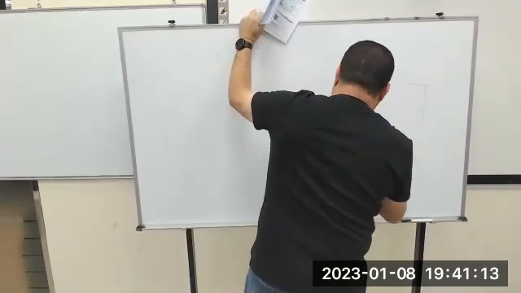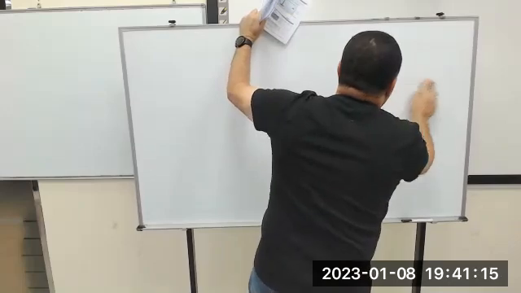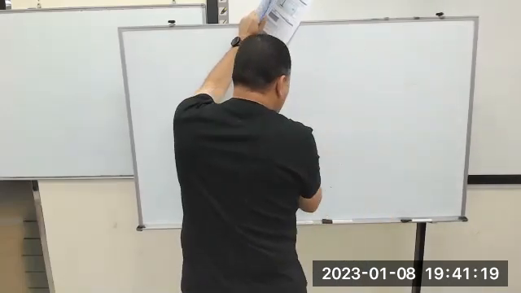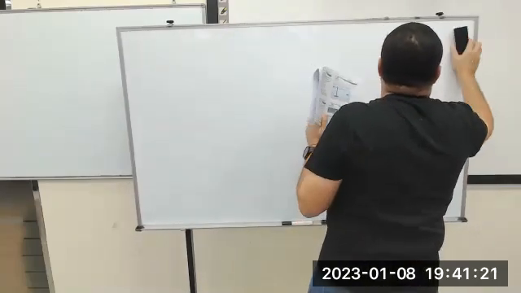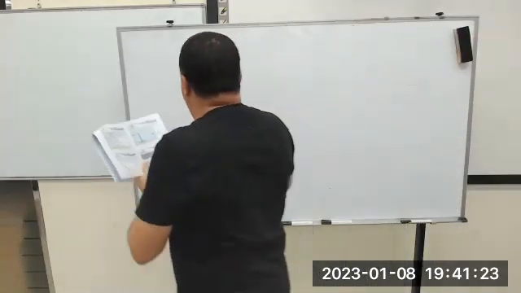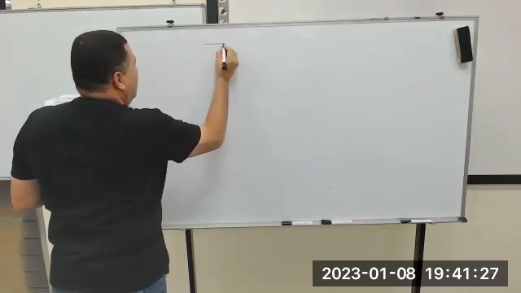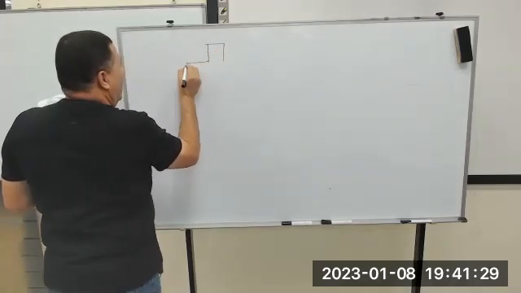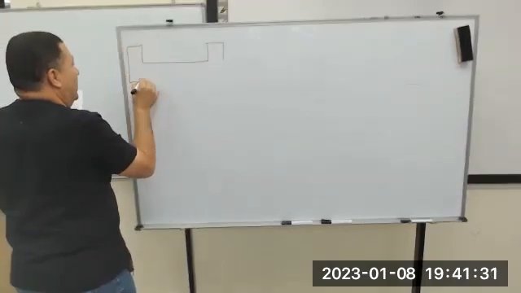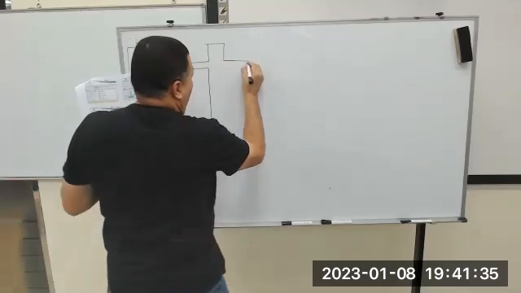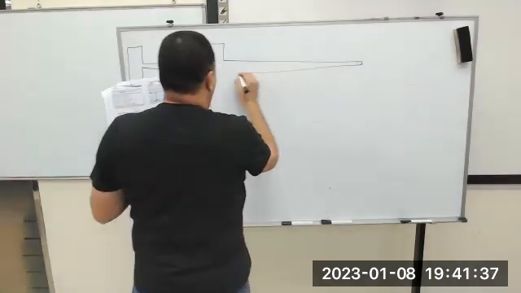7,000 pounds, this is a British unit, different than Newton, different than kilogram units. You have a tower crane, this is a boom.